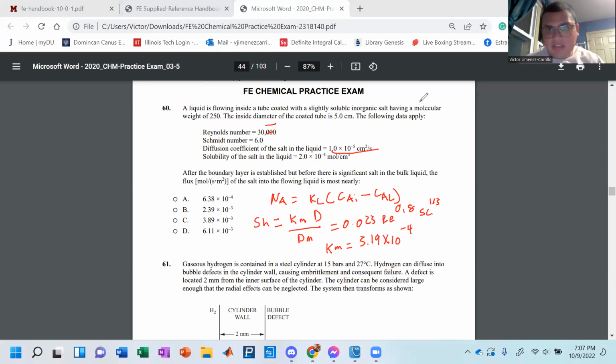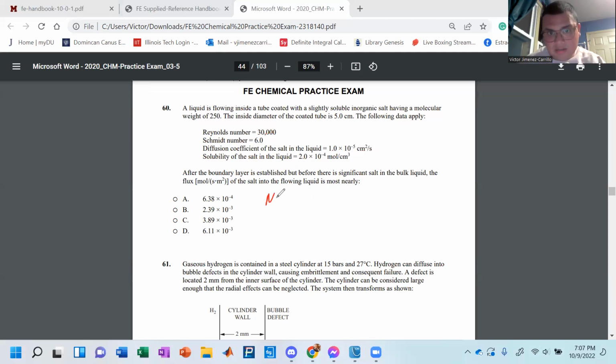So we can plug everything in. The flux is equal to the number we solved for, which is 3.19 times 10 to the negative fourth, multiplied by the change in concentration, which is that disgusting 2 times 10 to the negative fourth minus 0.